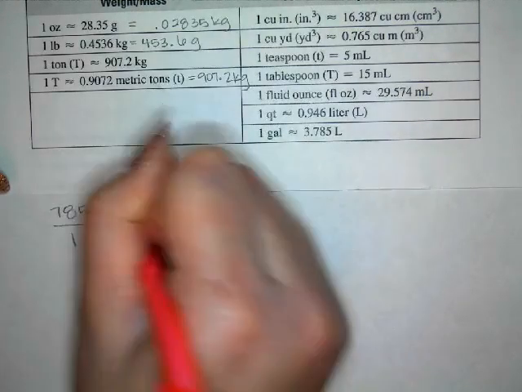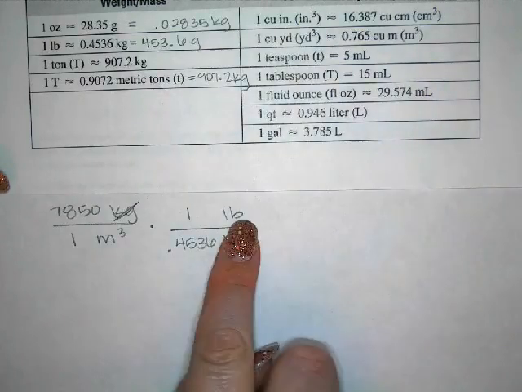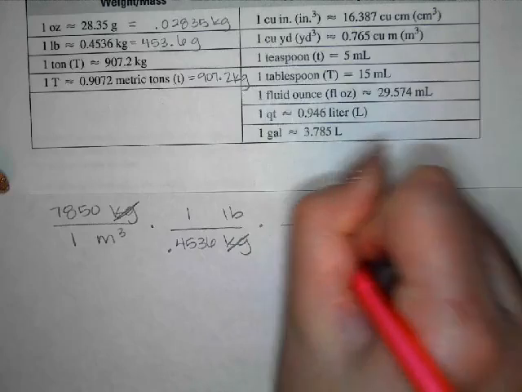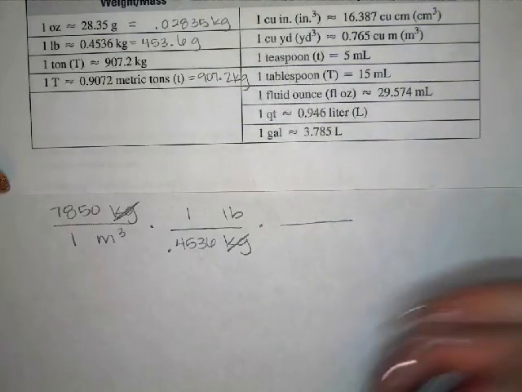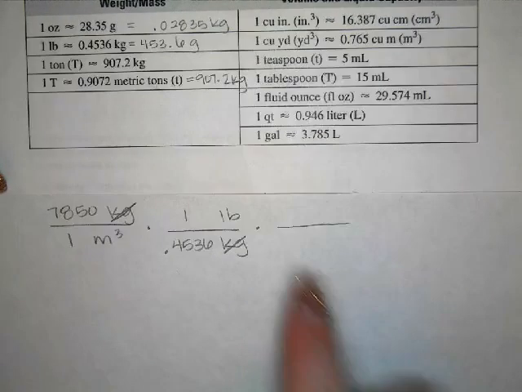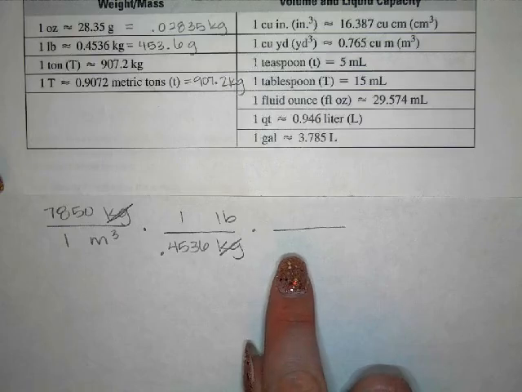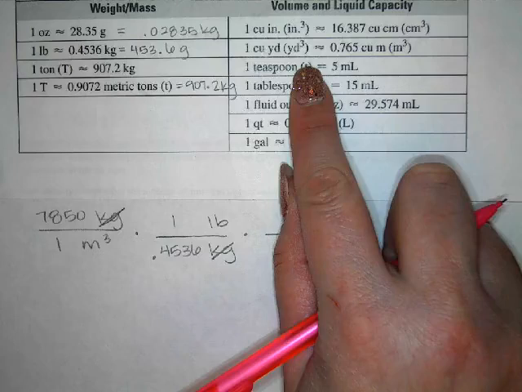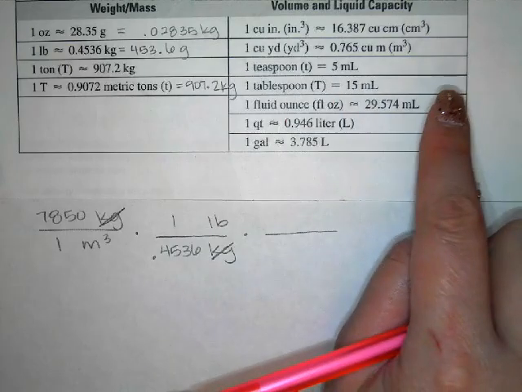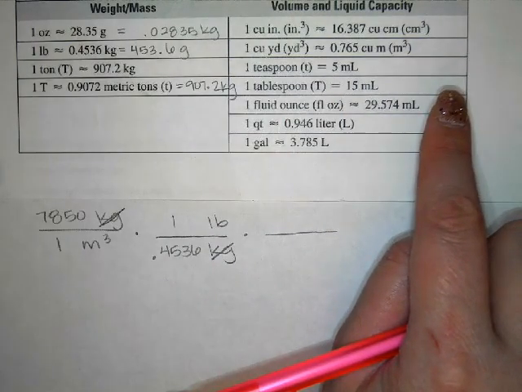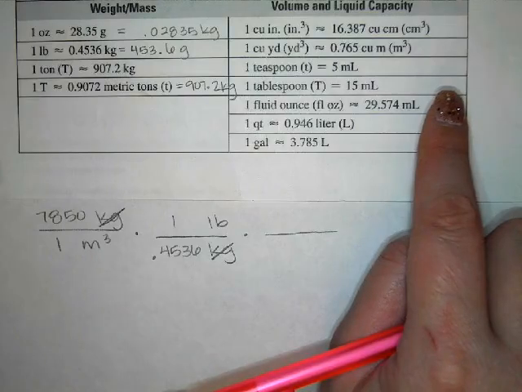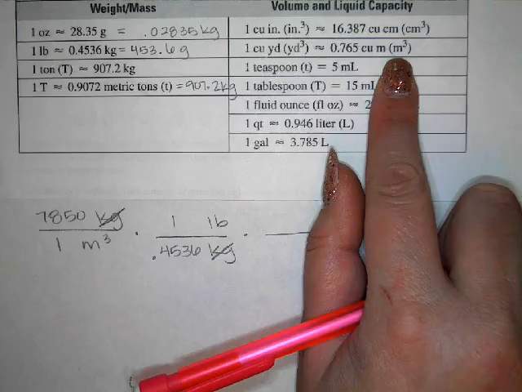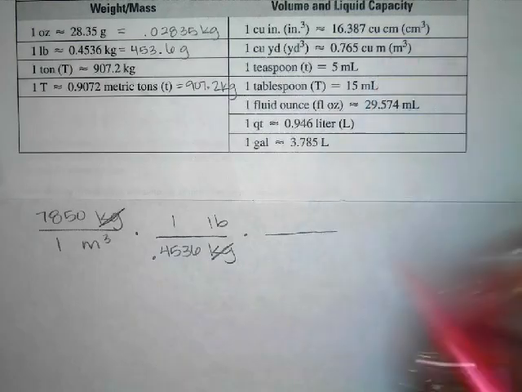So cubic meter, that's cubic yard. It looks like we only have this. Okay. So I'm going to say 0.765 cubic meters is 1 cubic yard.